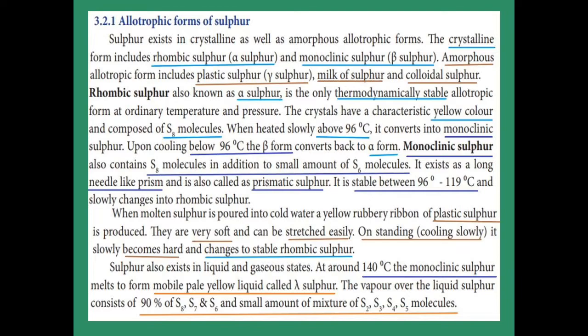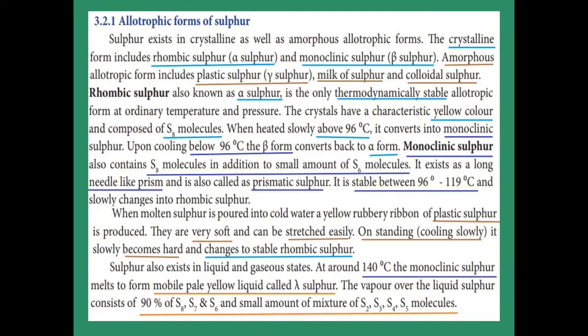The next one, monoclinic sulfur. What is the difference between rhombic and monoclinic? The rhombic sulfur contains only S8 molecules, but monoclinic sulfur has S8 molecules in addition to a small amount of S6 molecules. Another name for monoclinic sulfur, already we know it is beta sulfur, but another name is prismatic sulfur.